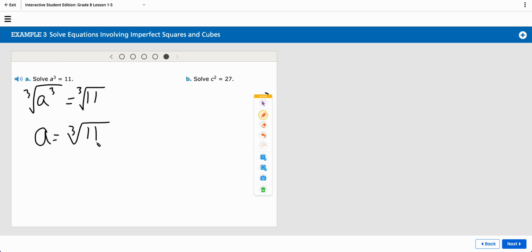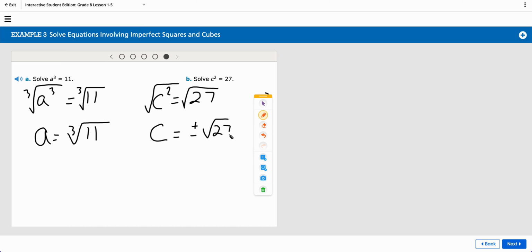All right, this one, c squared equals 27, not a perfect square. So I take a square root. C equals plus or minus the square root of 27. It really is that simple. Okay, no tricks. Not gonna pull the rug out from under you. It really is this simple.